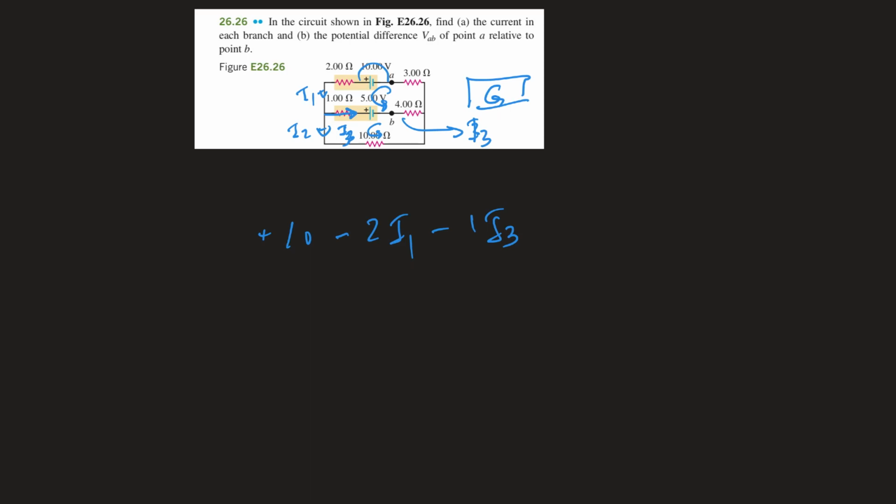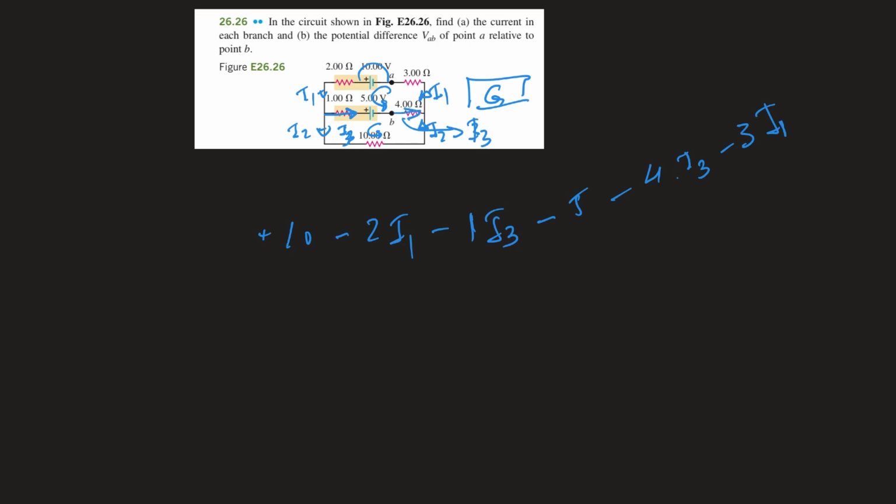Now I'm crossing the battery of 5 volts in the opposite side, so it's minus 5 volts, minus 4 by I3, minus 3 by I1. I1 is here, I2 is coming like this, and I3 is coming like this.